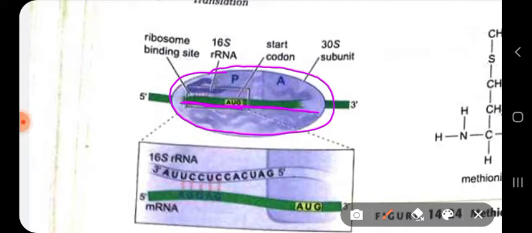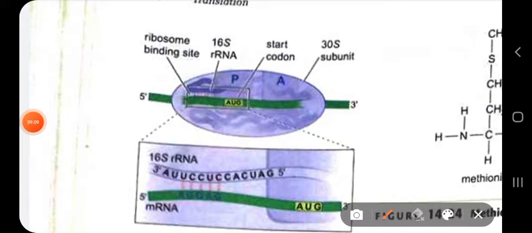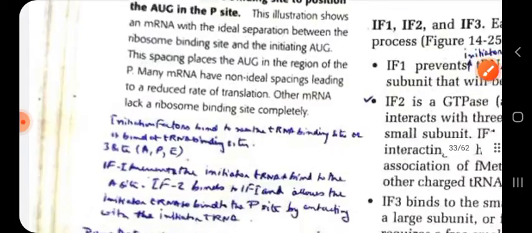It attaches with the mRNA, sorry, in such a way that the start codon is located within the P site. This interaction is shown by the 16S rRNA with the ribosome binding site. So don't worry.